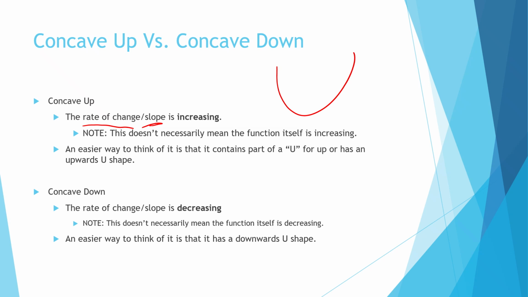Concave down, the rate of change or slope is decreasing. I remember this because down and decreasing both begin with the letter D, and then by process of elimination, concave up matches increasing. And anything that's concave down will have a downwards U shape.